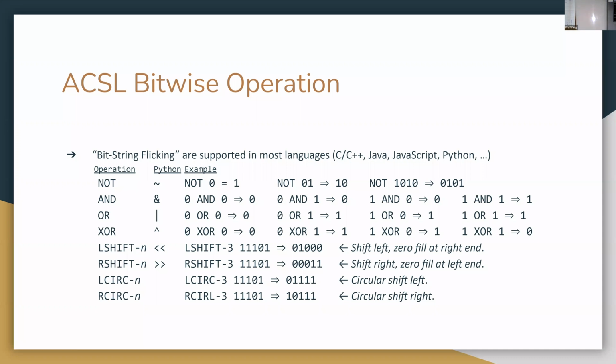But in ACSL bitwise operation, it's really however many bits they give you in the problem that you're supposed to resolve. Okay, so let's say like this example here, right? It's 5 bits. Then you're just dealing with those 5 bits. By that I mean because they have these circular shift operators.